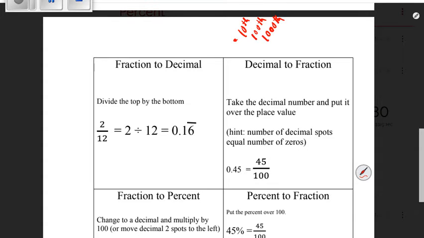So if I have decimal 0.012, there's 3 spots, the 12 goes on top, and it's 12 thousandths. Or, to simplify, 1 spot, 2 spots, 3 spots, 3 zeros.